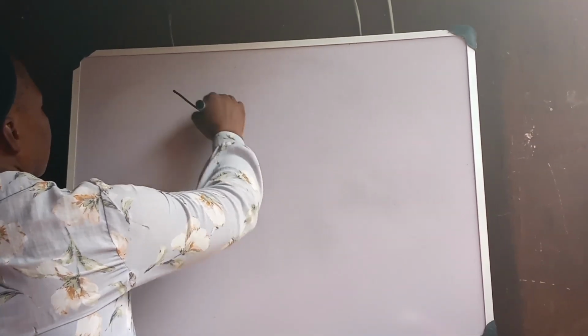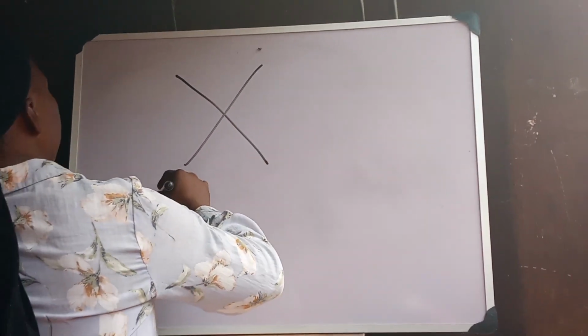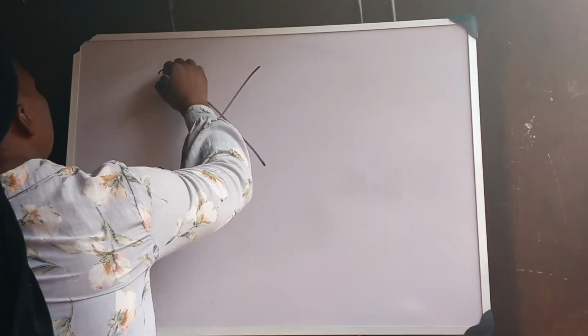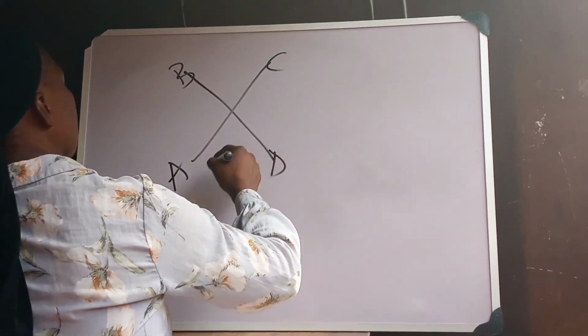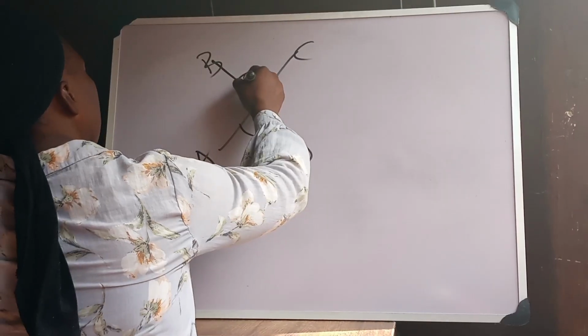Since we have taught you corresponding angles, now I'll be teaching you what we call vertically opposite angles. Let's look at this. For example, this is A, B, C, D. We are looking at vertically opposite angles.